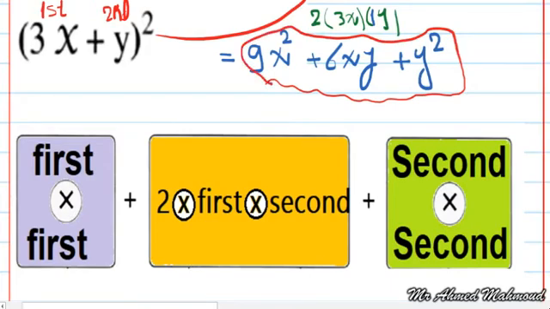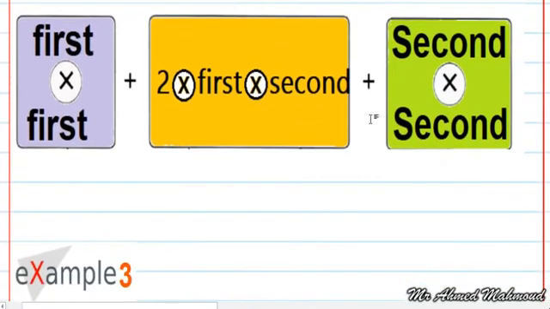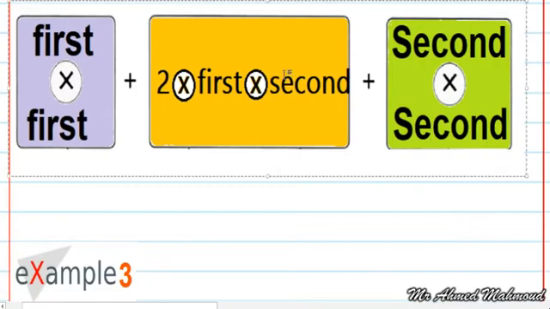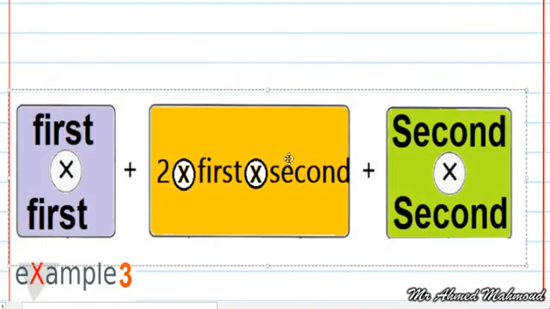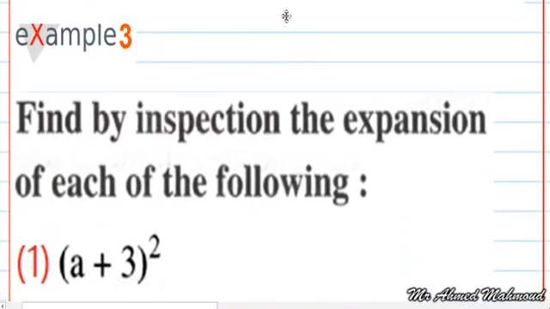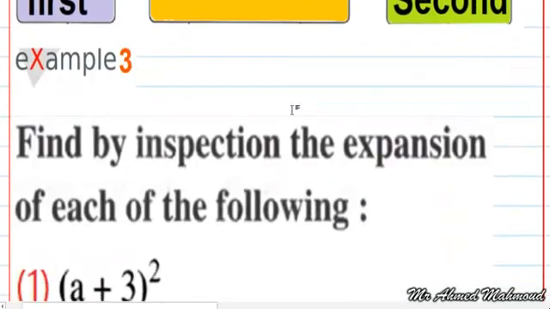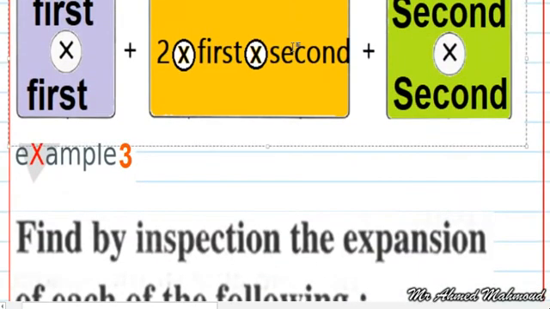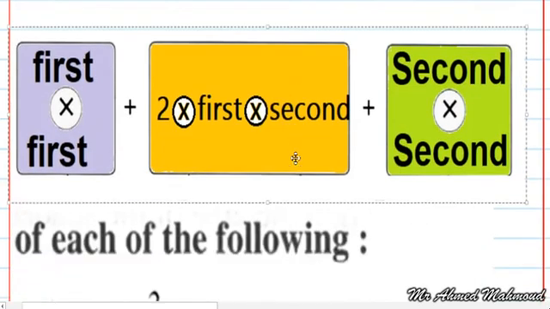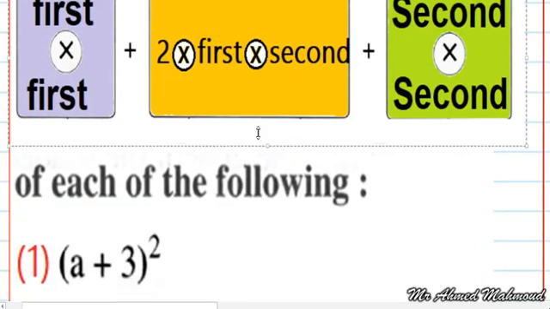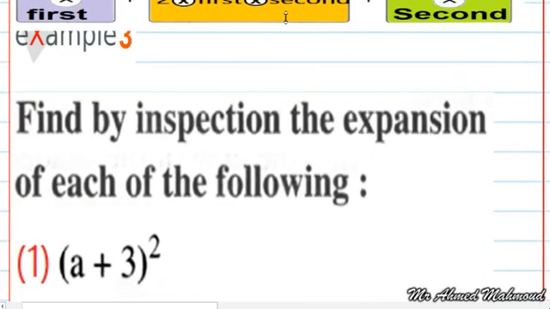Okay, the next one, let's bring this rule with us. In the example, find by inspection the expansion of each of the following.